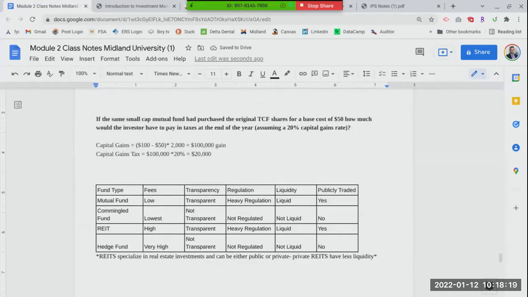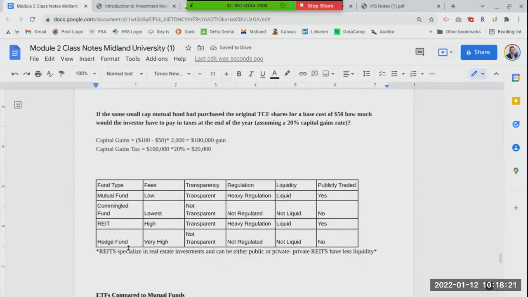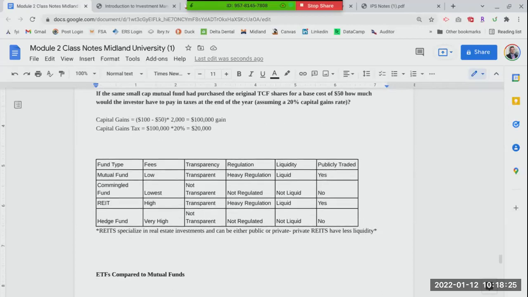A big difference between mutual funds and ETFs is that with ETFs, you're not necessarily buying the underlying securities, you're buying the fund. And so whenever there are purchases and sales underlying in the ETF, you will not trigger a taxable event.